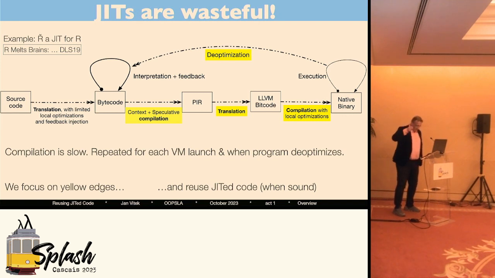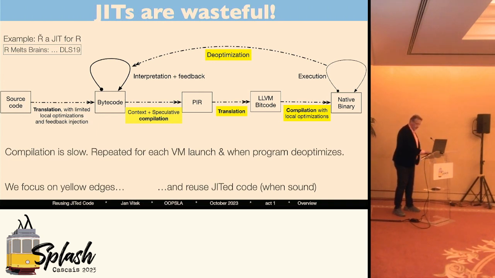Then we call LLVM. Then it runs native. And if we realize that we made a mistake in our optimization, we're a bit too eager, we will de-optimize, go back to the bytecode, restart again. So that's the loop.